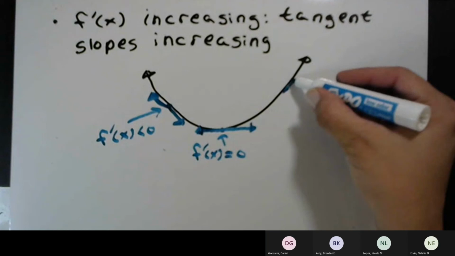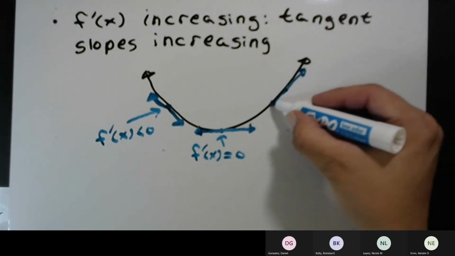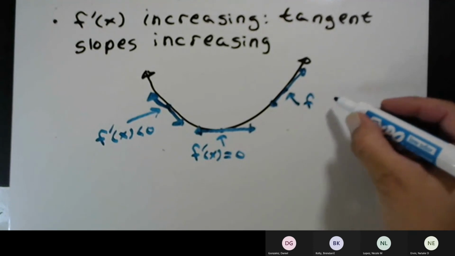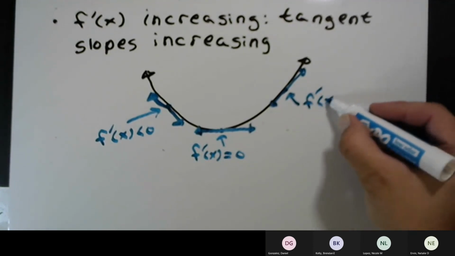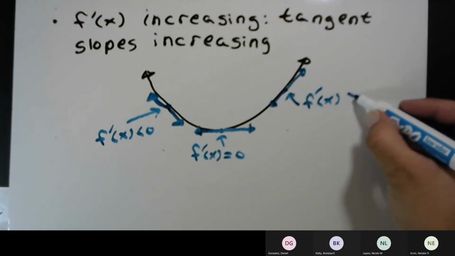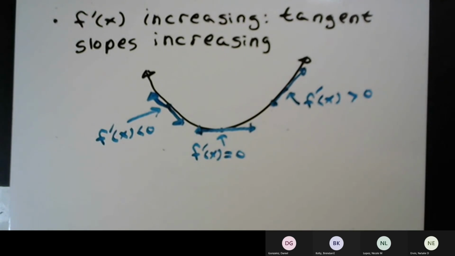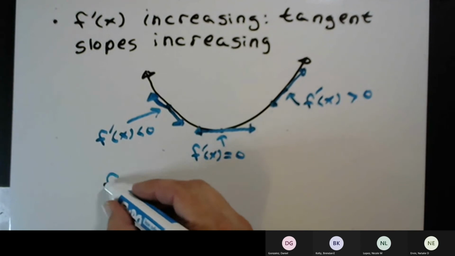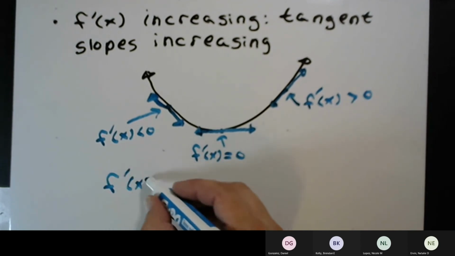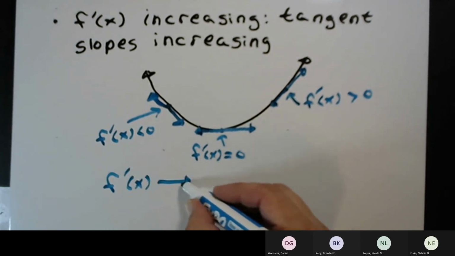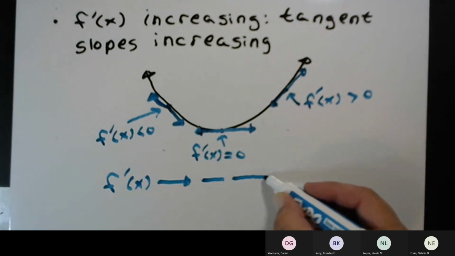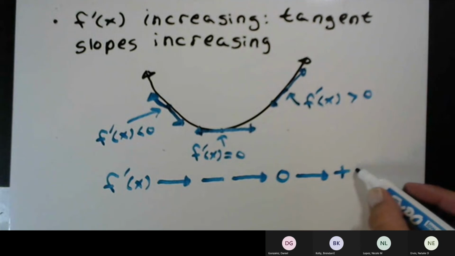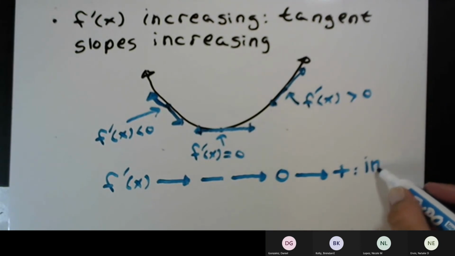And then at this tangent slope, it's positive. So f prime of x is negative, then 0, and then positive, where it's increasing.